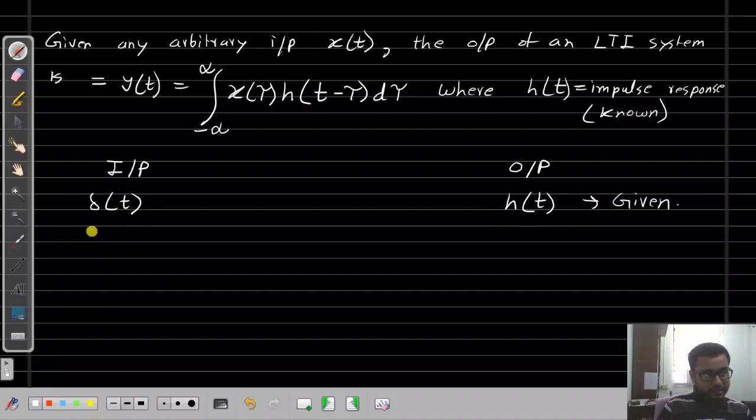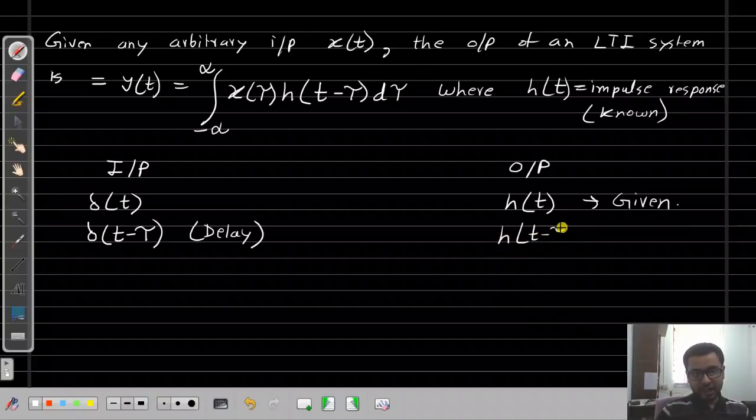Then from this I can say that if the input is delayed by some amount of time tau, so this is a delay or time shift, then the output will be h of t minus tau.